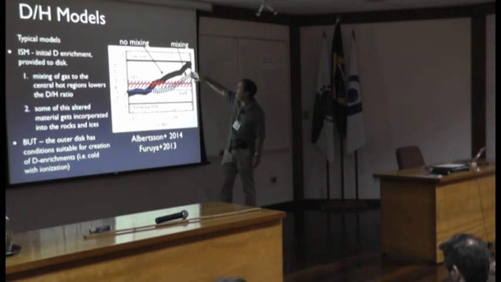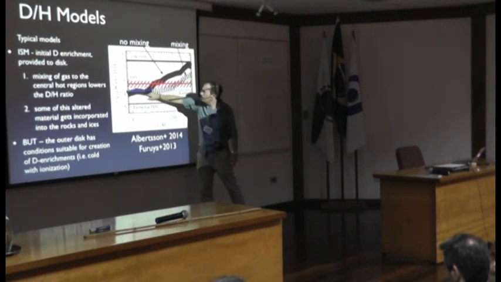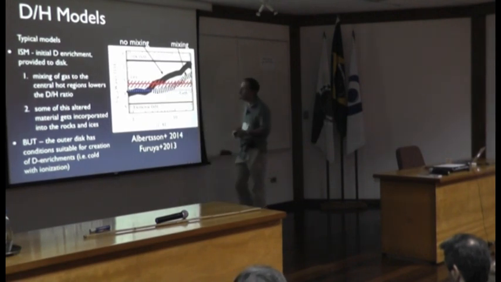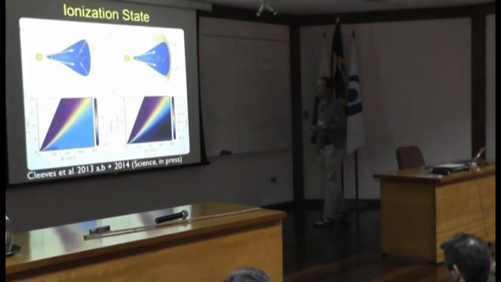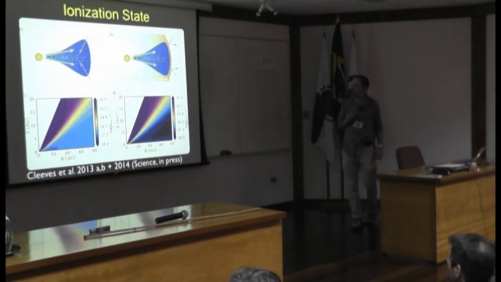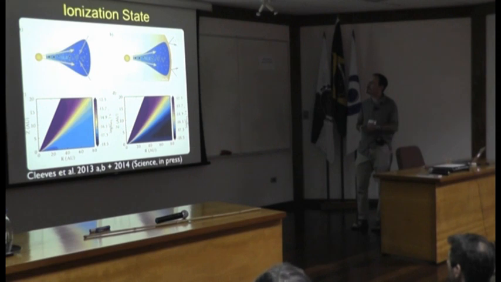Now, if you include mixing, that's this one right here, you can get this trend. So it's high in the outer solar system, and you can get down to the Earth's value. All right, so that's the way we do things. But all of these things assume that you have ionization, and that the outer disk can potentially be the origin of the deuterium enrichments.